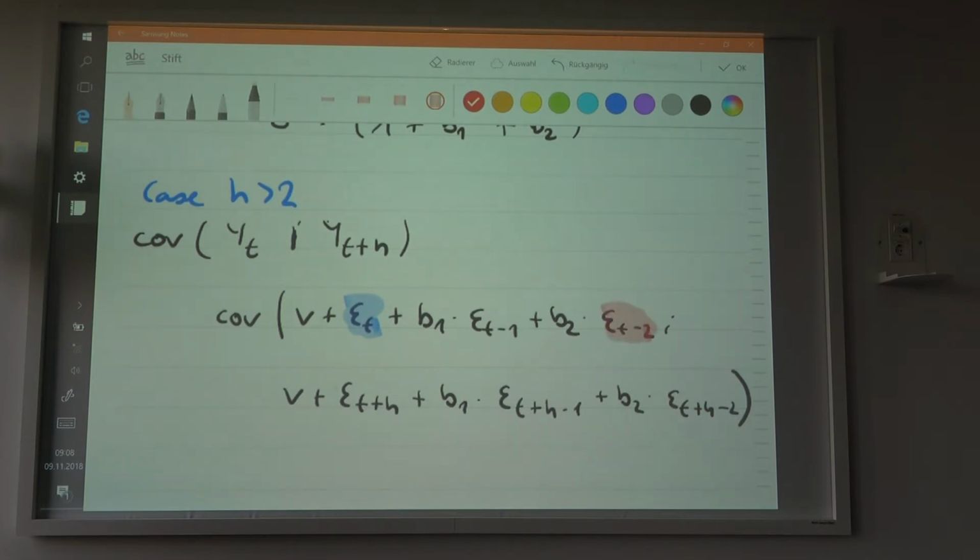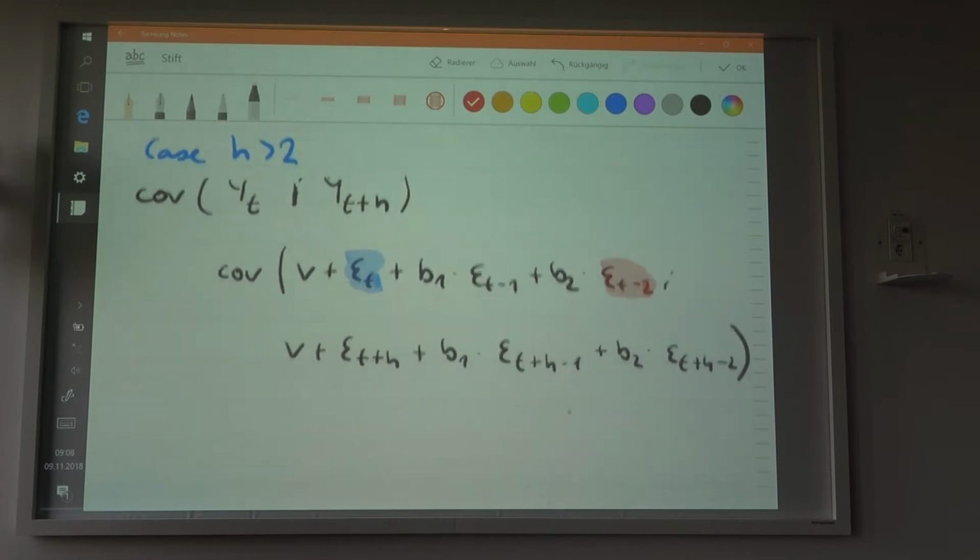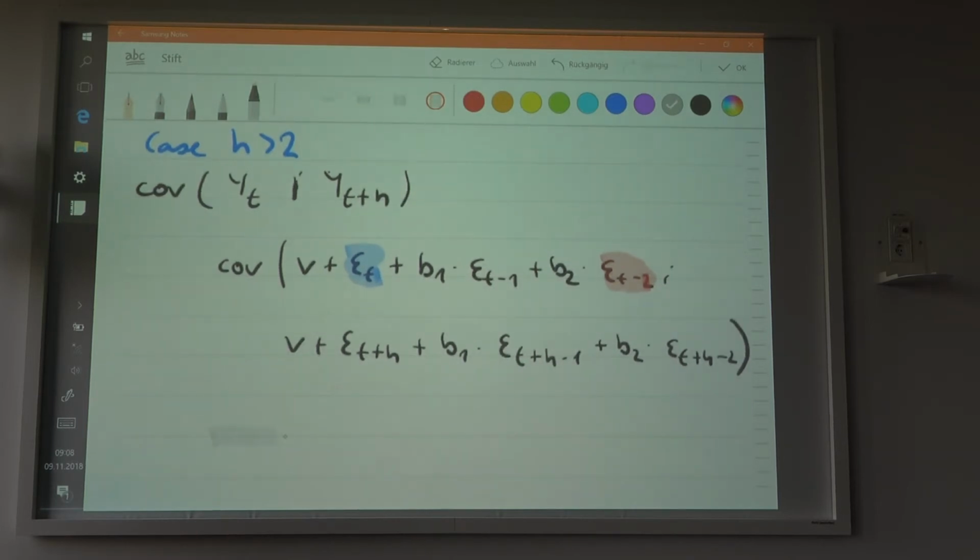So if you look at the timeline, let's say we have t here, and here you have t minus 2. This is the time range covered by the first process.